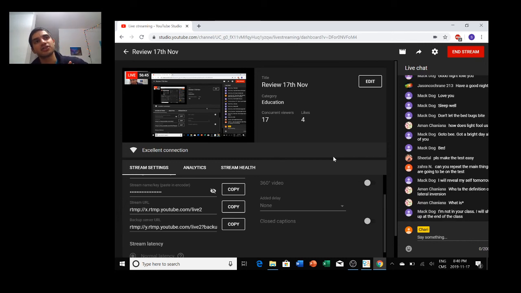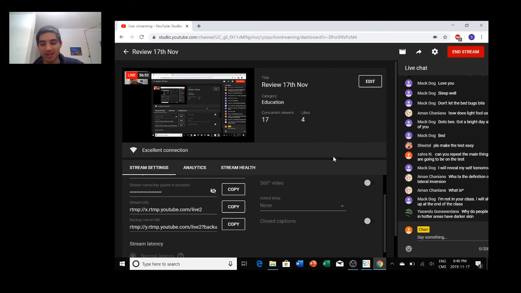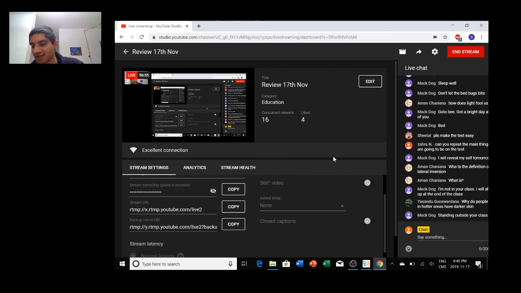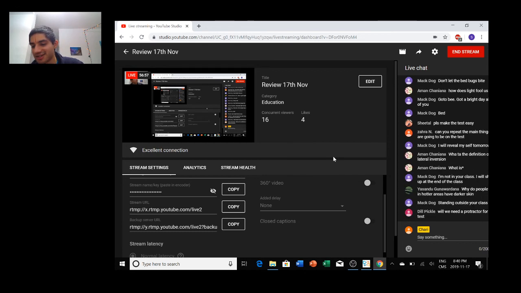There's going to be definitions of lateral inversion, focal length, center of curvature, incident ray, reflected ray, vertex, principal axis.